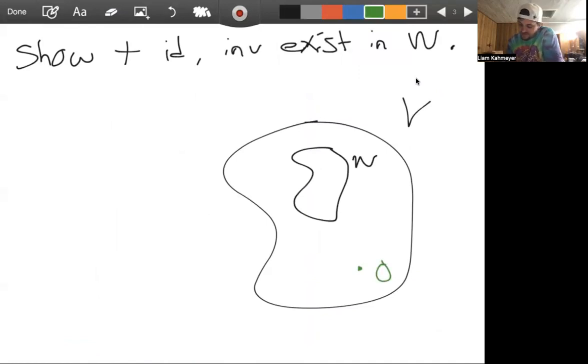Why could we not have that the identity element 0 is some other point, not necessarily contained in W? Or, maybe here's W, but the additive inverse negative x is out here or something. Why can't we have that? Well, let's see why.